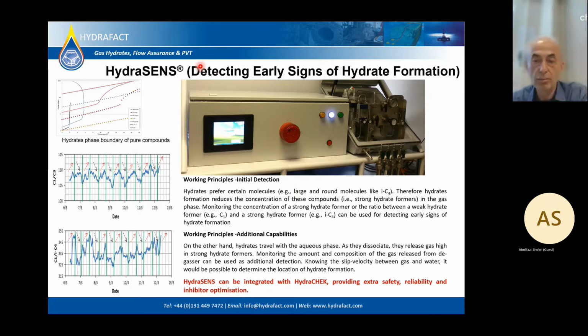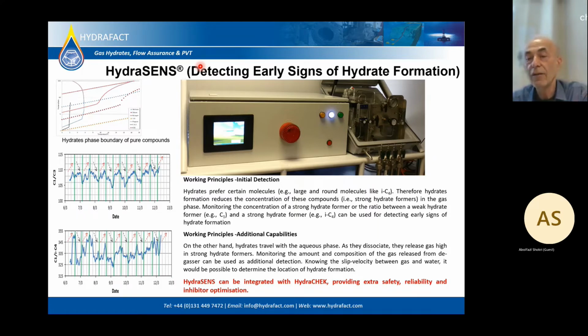Not just assuming, but obviously what we normally recommend is to measure the viscosity of hydrate slurry. Normally up to 10 to 20% hydrate in the water phase will not result in blockage, but needs to be tested.